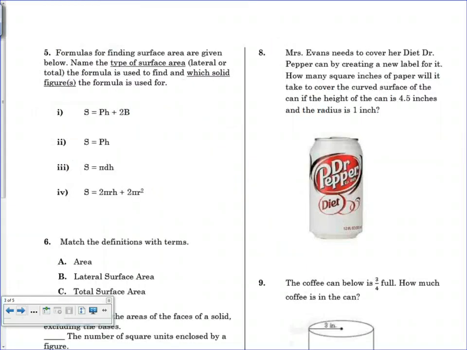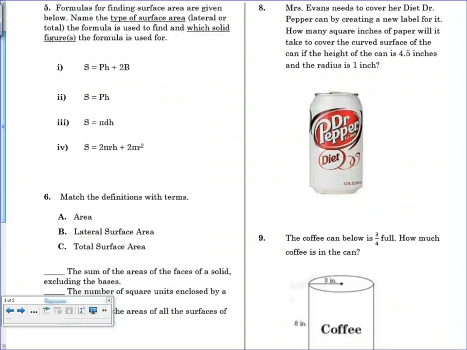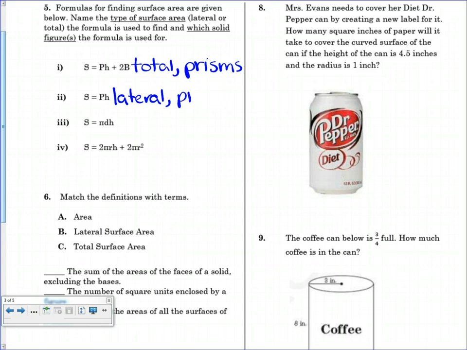Number 5. Name the type of surface area and the formula and which figure the formula is used for. So number 1, this is total surface area for prisms. So rectangular prisms, triangular prisms. Number 2 is lateral surface area, also rectangular and triangular prisms. Number 3 is a little bit tricky.